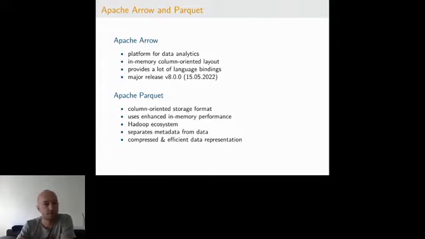Apache Parquet is a column-oriented data storage format and provides efficient data compression and encoding schemes to handle complex and large data in bulk. In this presentation, I'll use the Apache Arrow and Parquet names somewhat interchangeably, which is not correct, but for the presentation, I think it's fine.